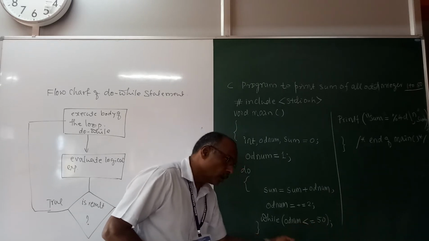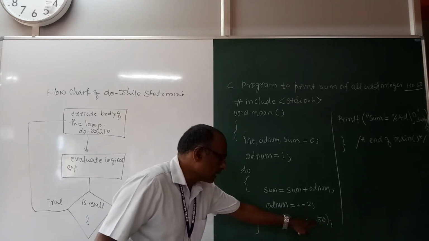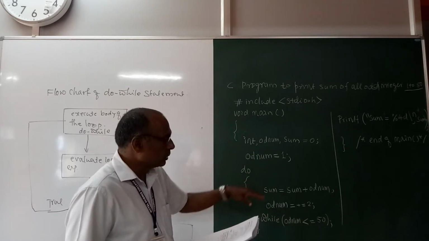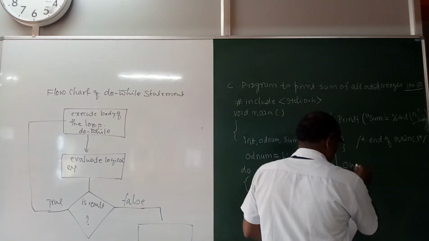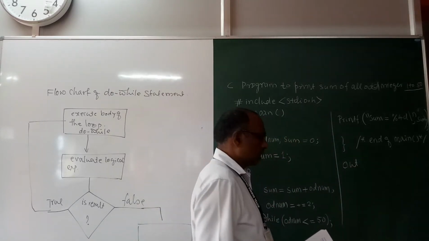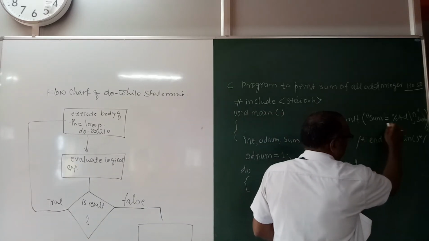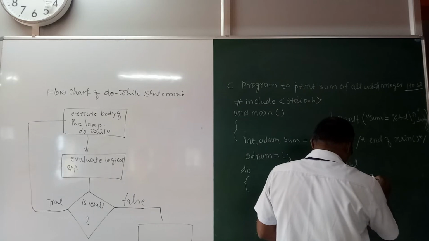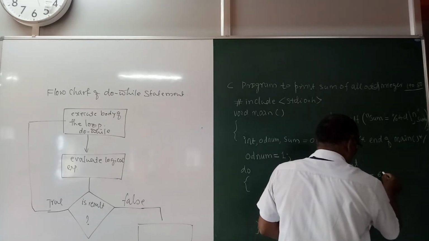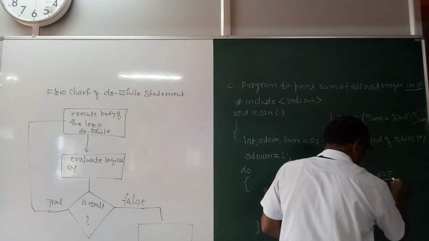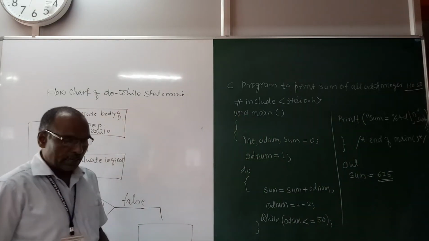The loop will go on executing till the logical expression result is true, and in the output, if you run this, the sum will come with this, because we have given sum equals with a sign here, 625. Check this manually. So this is the do while statement.